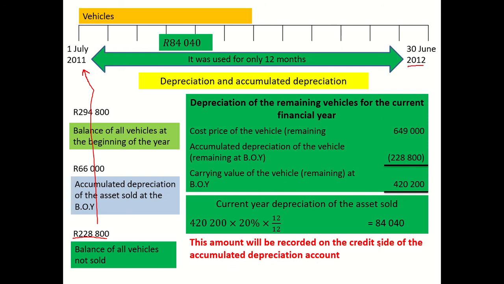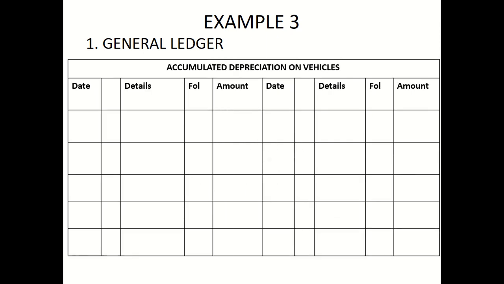At the end of the financial year, we're going to have accumulated depreciation of 312,840, which is this 228,800 plus the 84,040. This plus that will give you 312,840, which is the accumulated depreciation of the remaining vehicles.